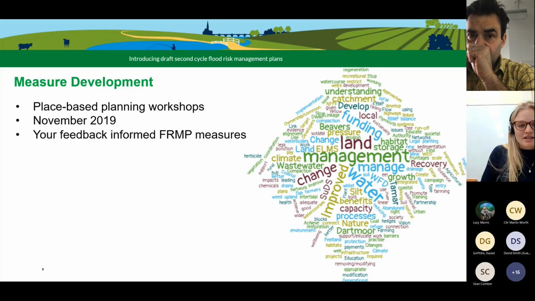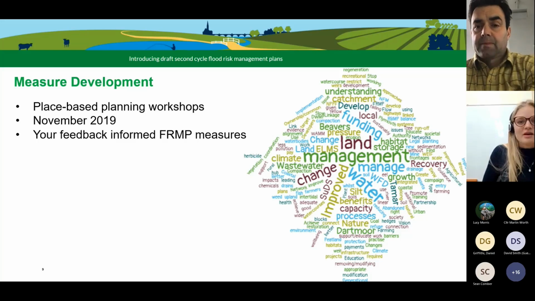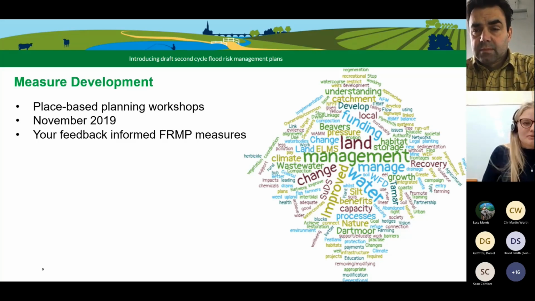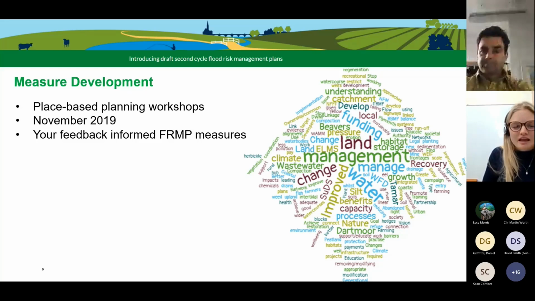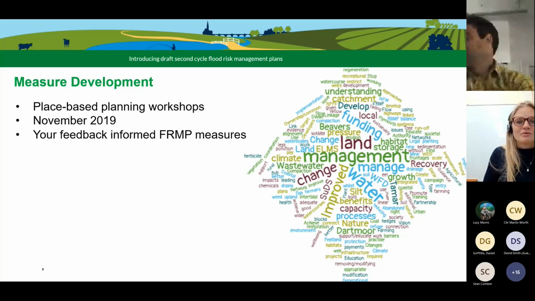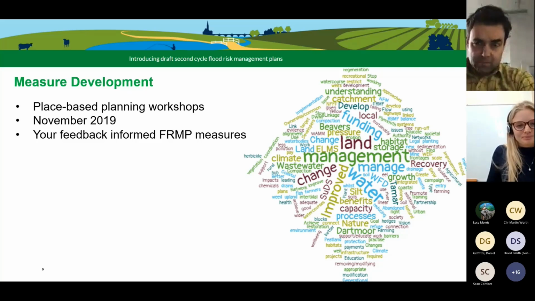This was when you had a chance to input your key issues and opportunities around the Tamar management catchment. We have listened to those and we have fed those into our flood risk management plan measures. And here is a word cloud on this slide, showing you some of the key themes that you fed back to us as issues and opportunities in the Tamar management catchment.